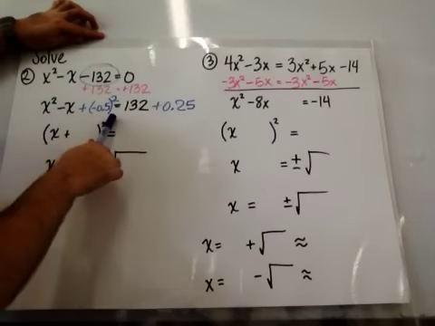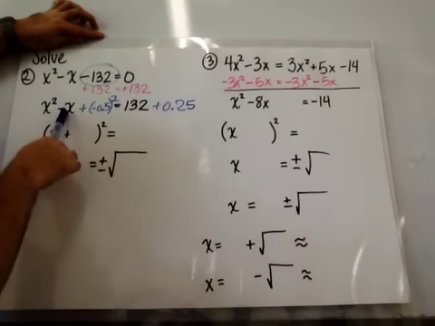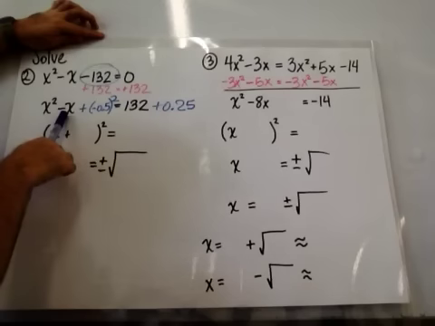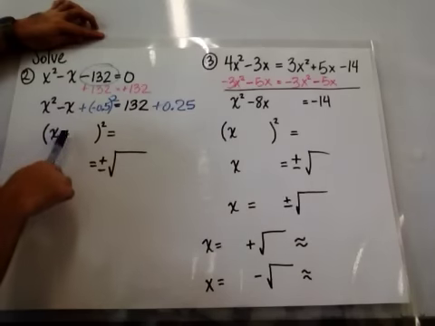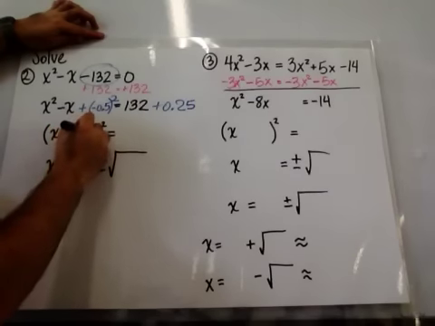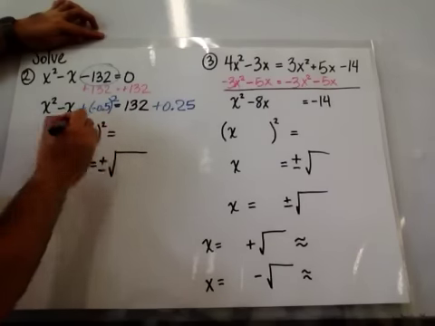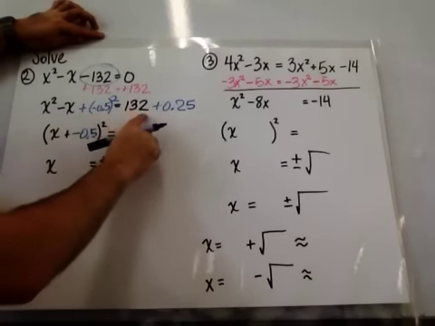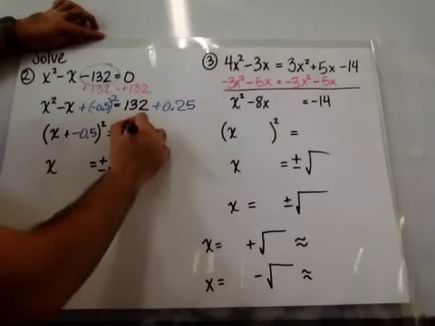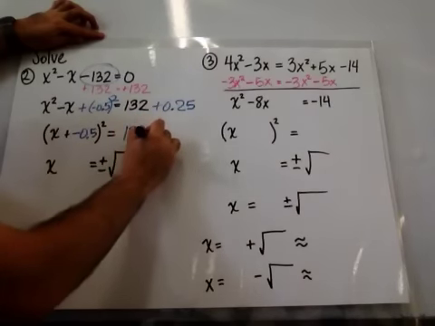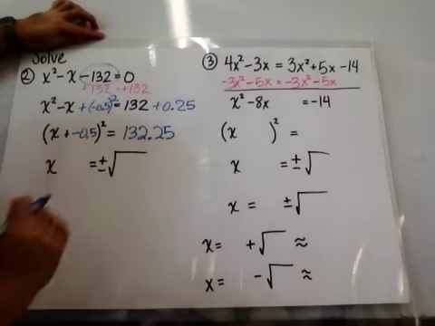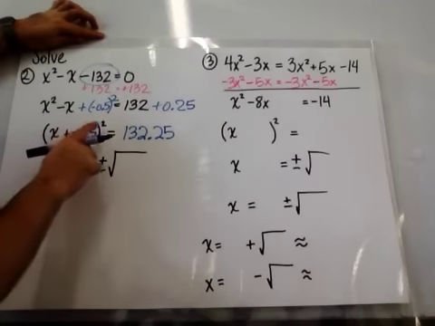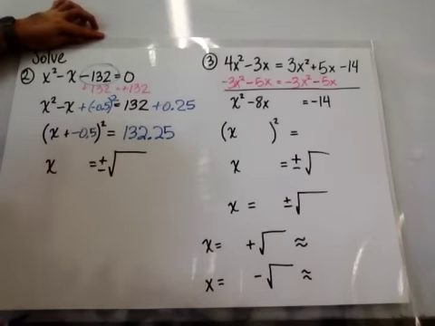Okay, now we factor. It was basically half of 1. So x plus negative 0.5 squared. And here, what's 132 plus 0.25? It's 132.25. Then we get rid of the square.